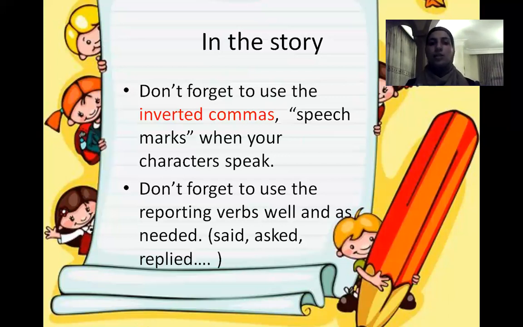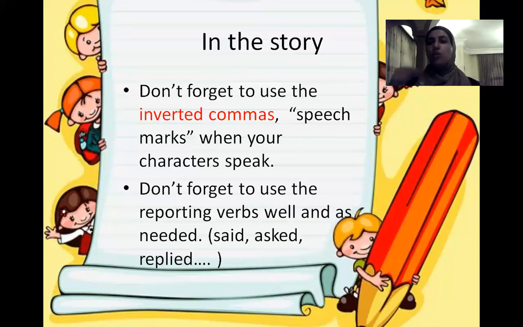And don't forget to use the reporting verbs well, like said, asked, shouted, roared, squeaked if you had a mouse, begged. These are the reporting verbs that you should include.